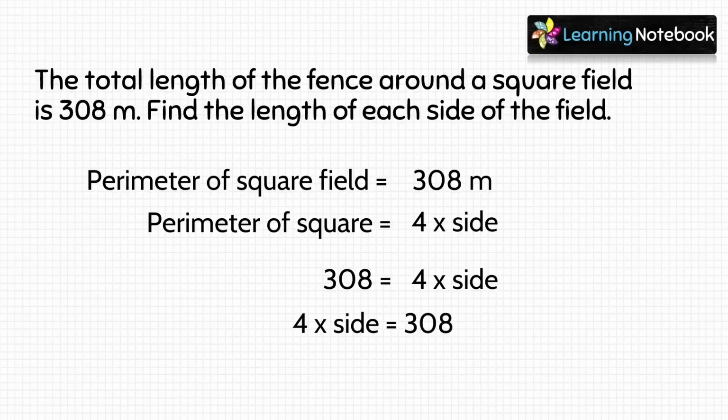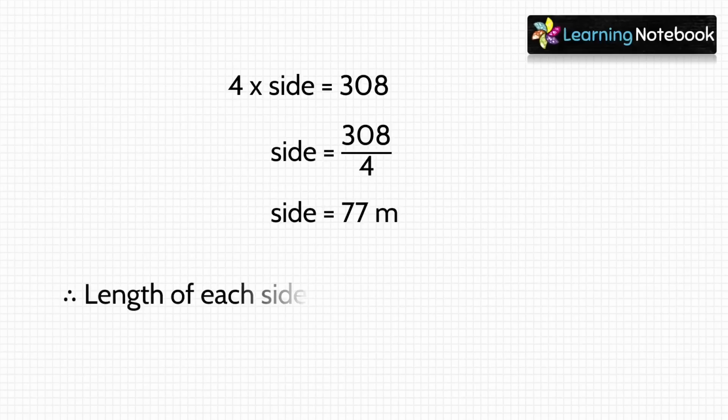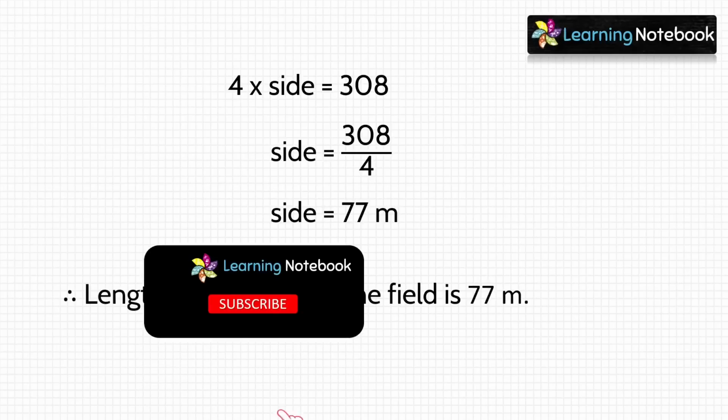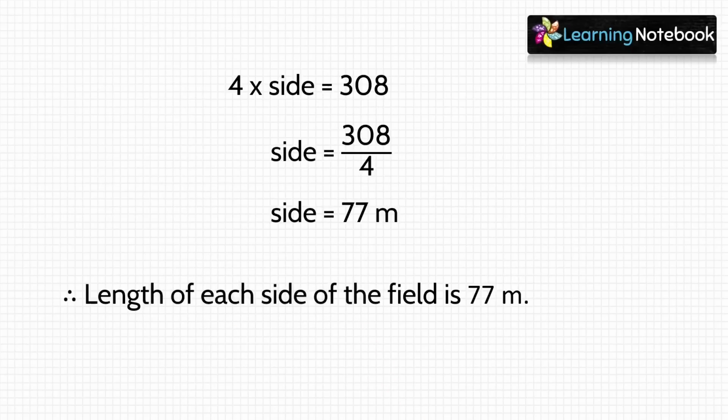Or we can write it as 4 into side equals to 308. So to calculate side, let's divide 308 by 4, which is equals to 77. So we get the length of the side as 77 meters. Let's write the answer statement. Length of each side of the square field is 77 meters.